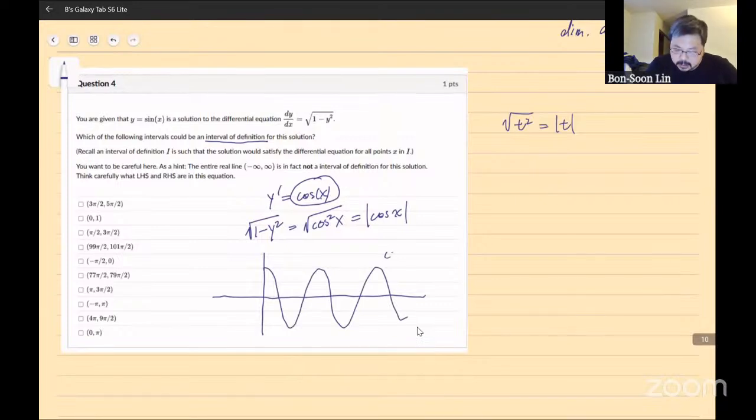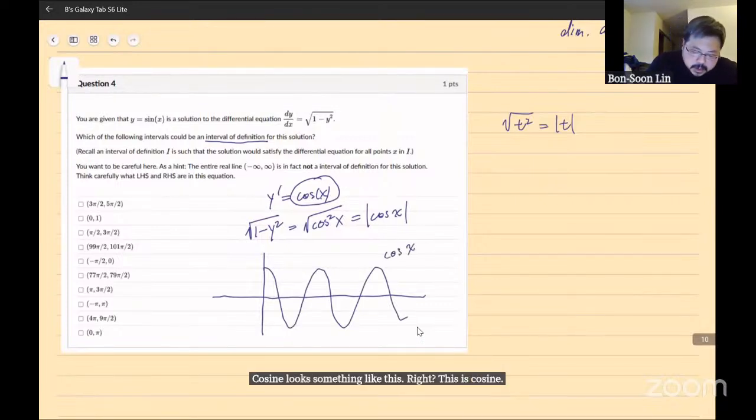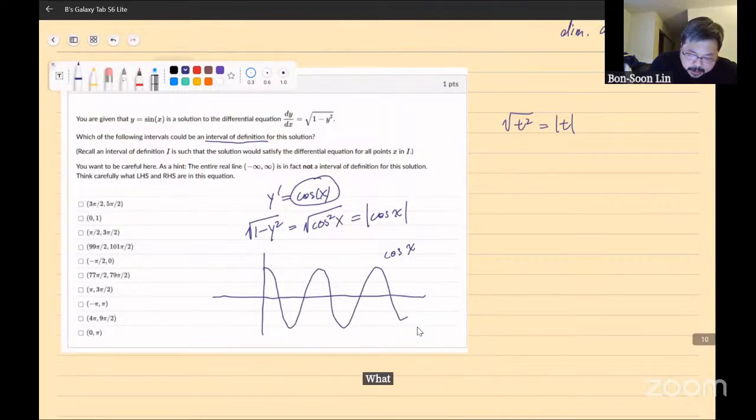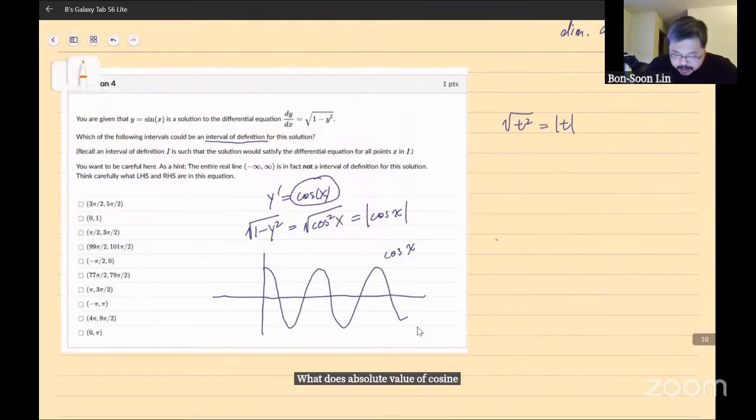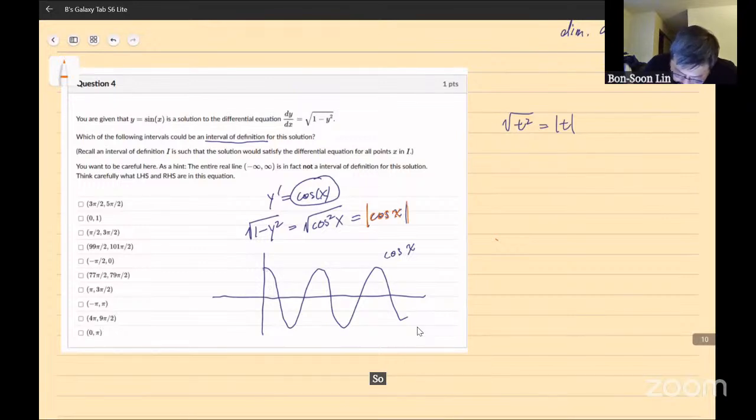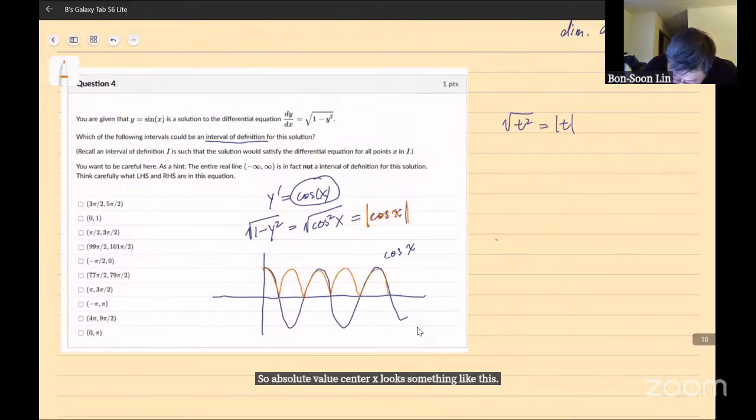What does the absolute value of cosine look like? All the negative parts turn into positive, so the absolute value of cosine of x looks something like this. Does that make sense?